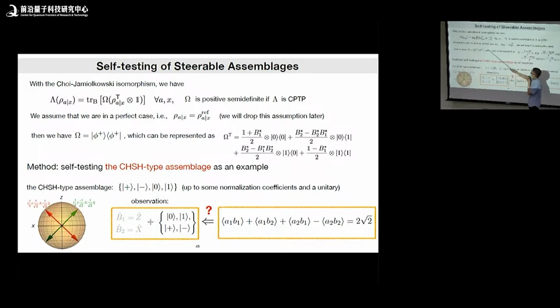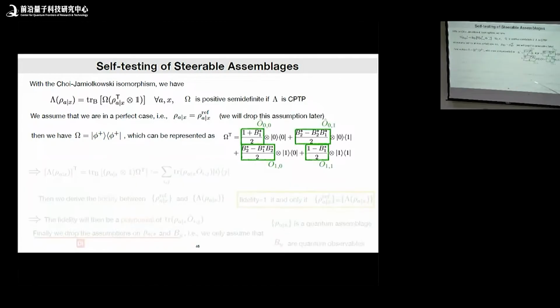If the lambda is the identity operator, then the corresponding Choi matrix is the maximally entangled state. Then from very simple mathematics, we can rewrite this omega in this way, where B1 is the Pauli Z operator, and B2 is the Pauli X operator. We can represent these 4 operators as O00, O01, O10, and O11.